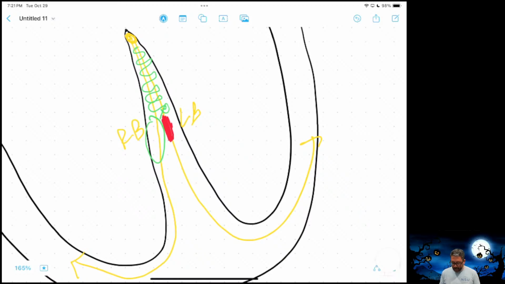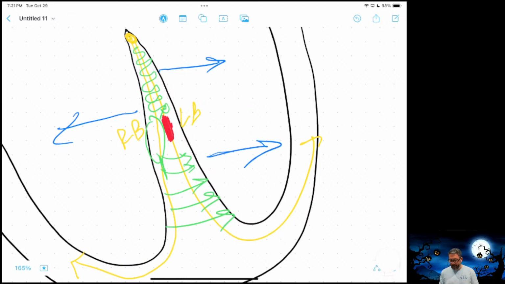Then the impulse, as it comes down this way, it's going to spread to the left side because of the left bundle. That's why you have the bunny ears, because it goes this way first, then that way, and then finally that way.